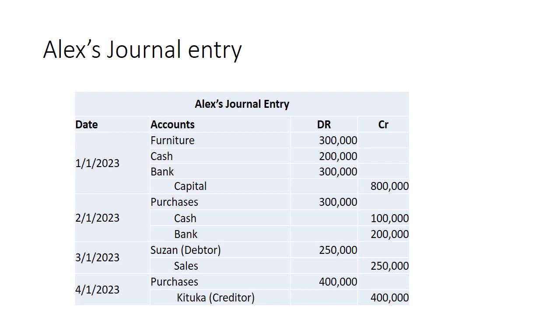Again, selling goods to Susan on credit, we debit Susan as our debtor, and credit the sales account. Then on the 5th, we make a purchase on credit, so we debit the purchases account and credit Kituka as our creditor. So this is how we show the entries.